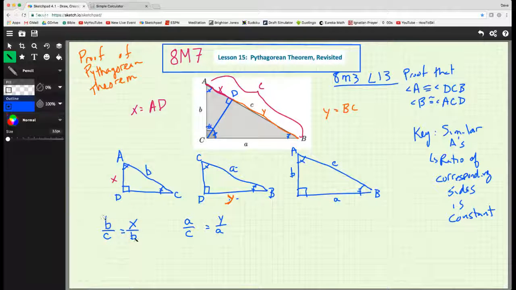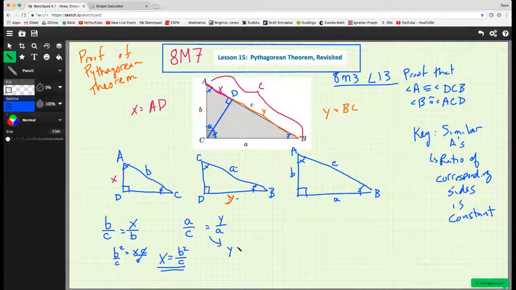So now I can rewrite this. I can use cross multiplication, and I can say, well, B squared equals X times C. And then I can divide both sides by C, and I can say X is equal to B squared over C. So I'm going to stop right there, and then I'm going to rewrite this one in the same way.